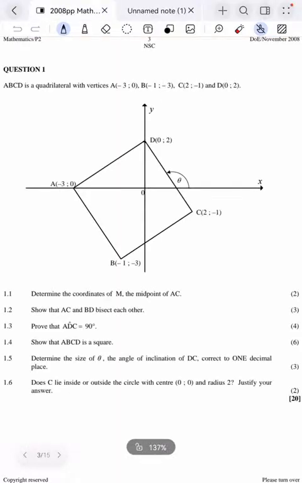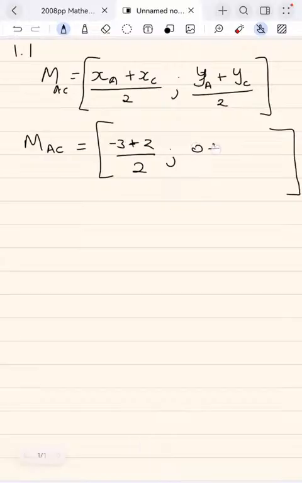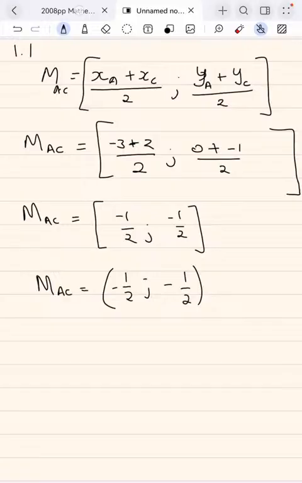For y it is 0 plus -1, all divided by 2. So the midpoint of AC is going to be 1 over 2, -1 over 2.